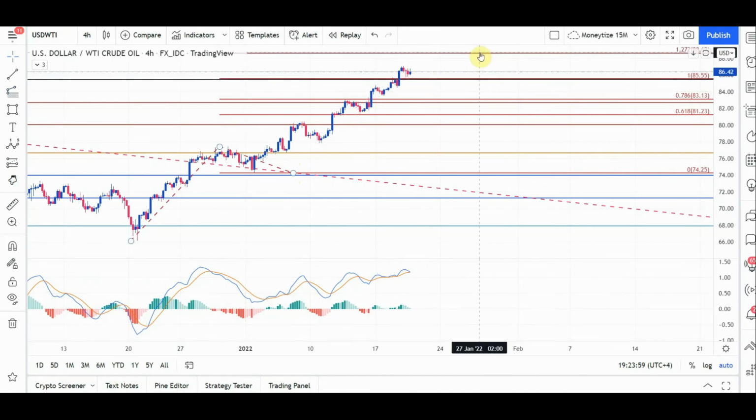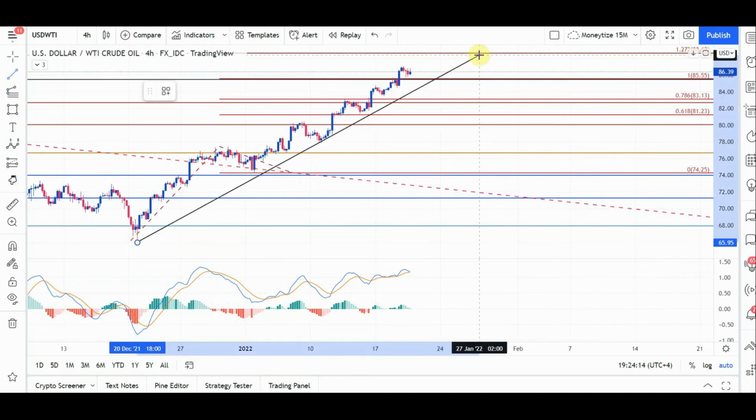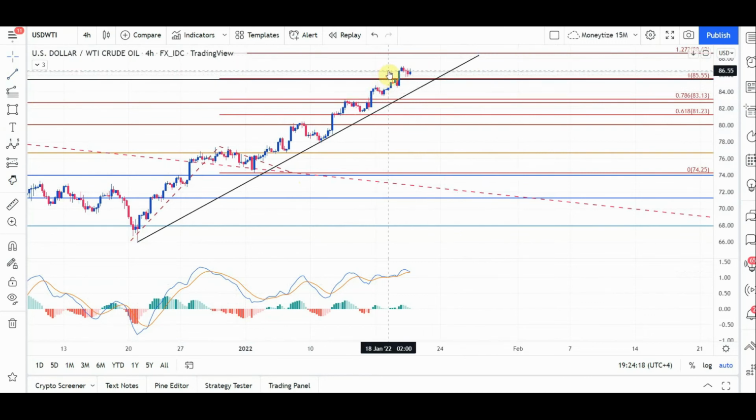Now the next one comes around this area, which is 89.90. So until it's holding above this rising trend line, everything seems bullish for the crude oil.